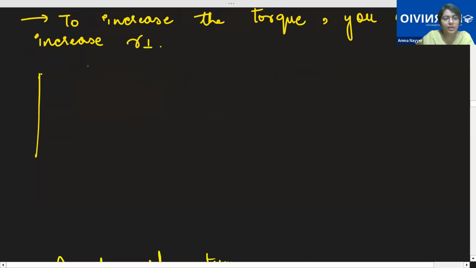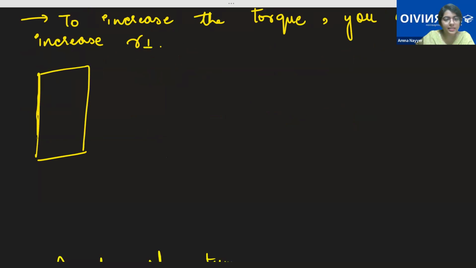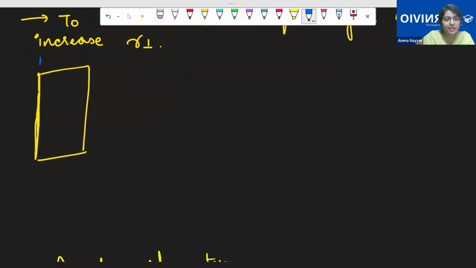See, this is how a door is put. This side is hinged. This is the fixed hinge, so this side is fixed. This is known as the axis, this fixed one will be the axis of rotation. Now, if I increase this R perpendicular, I'll get a maximum value of the torque.